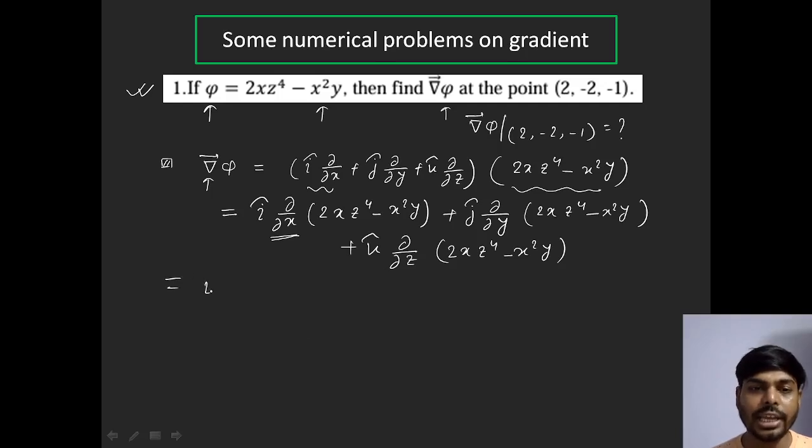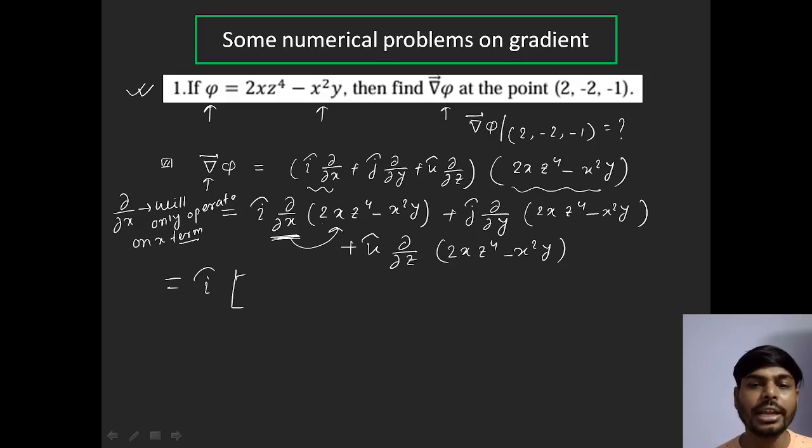So let's start with i cap. So del x, when this operates on the first term, always remember that del x will only operate on the x term, and the rest of the terms will remain as they are.